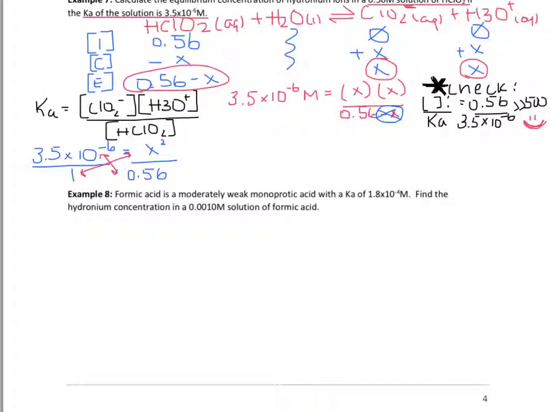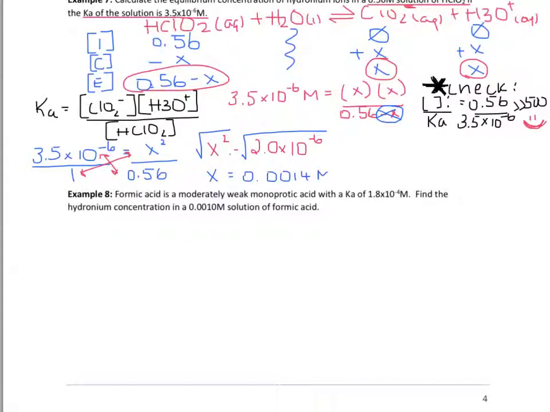When we cross multiply, we will have x squared equals 2.0 times 10 to the negative 6. In order to get x by itself, we must square root both sides.